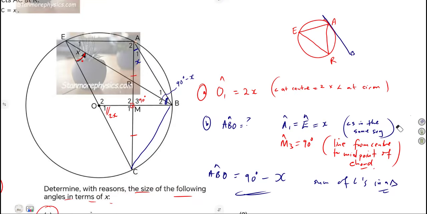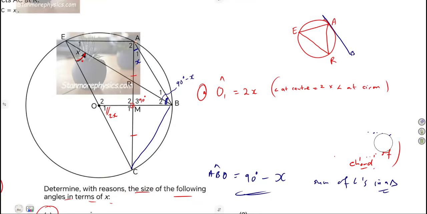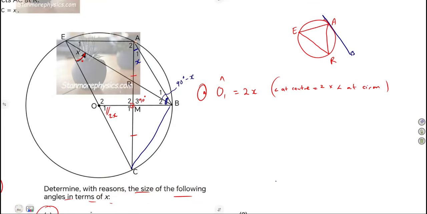So to prove that it is a tangent, guys, what can we use? We just have to consider theorems of a tangent. If it is a tangent, we can prove that the angle between a tangent and a chord is equal to the angle in the opposite segment.